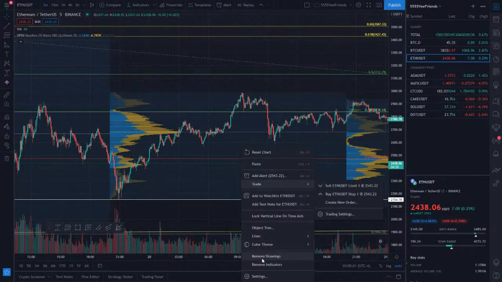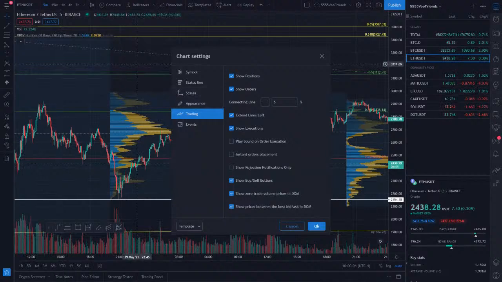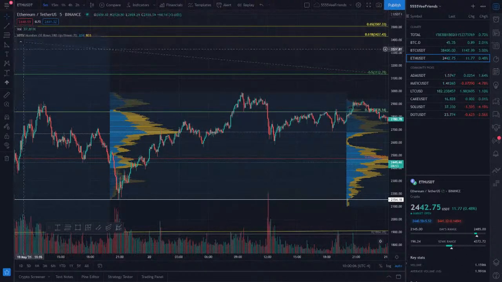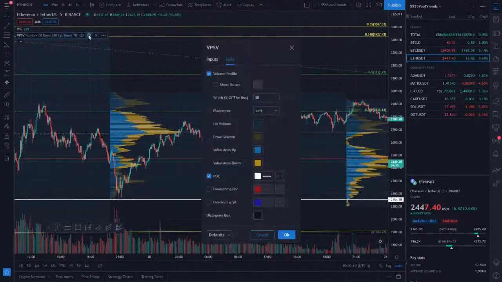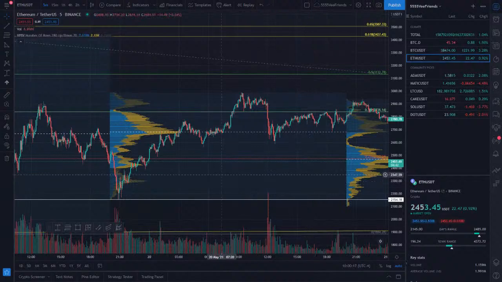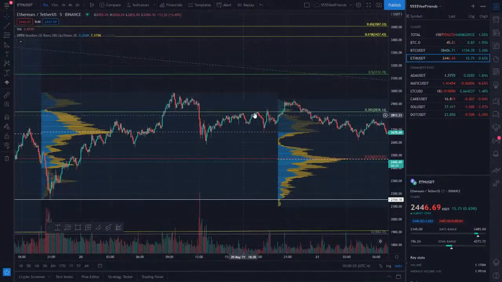Let me see, I might be able to, better. Okay. So you can see right here, point of control there as well, and it's basically being supported.